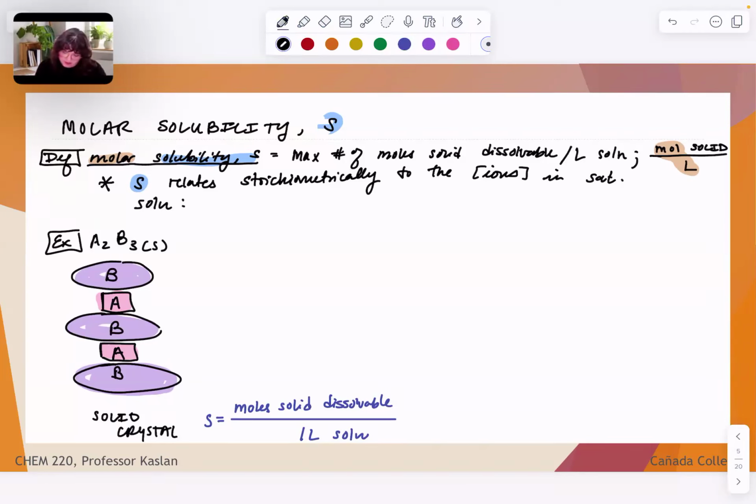So let's think about what happens when I actually do achieve dissolution or dissociation in a saturated solution. I'm going to look at the dissociation equilibrium of this solid into its respective ions. So again, we are looking at an equilibrium occurring at the point of saturation.